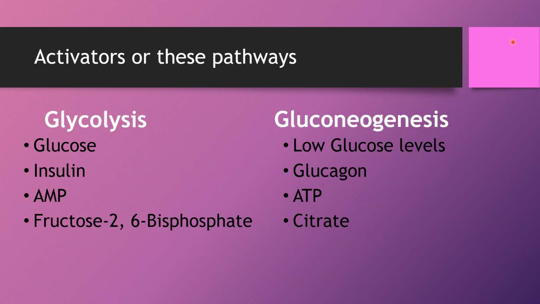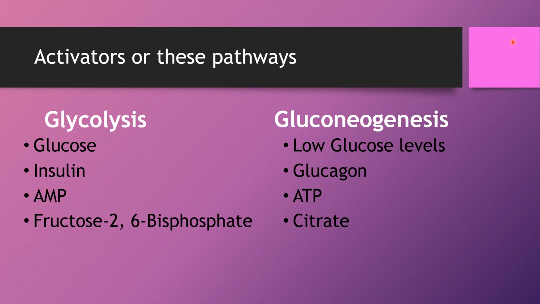So gluconeogenesis will be awakened to go to work in situations where there are low glucose levels in the blood. Remember when I discussed fasting a couple of slides ago, if you're fasting for a few days or weeks, or you work out extensively, your body is using up its glucose storages, and therefore it's starting to starve for glucose. Remember, your brain needs glucose.